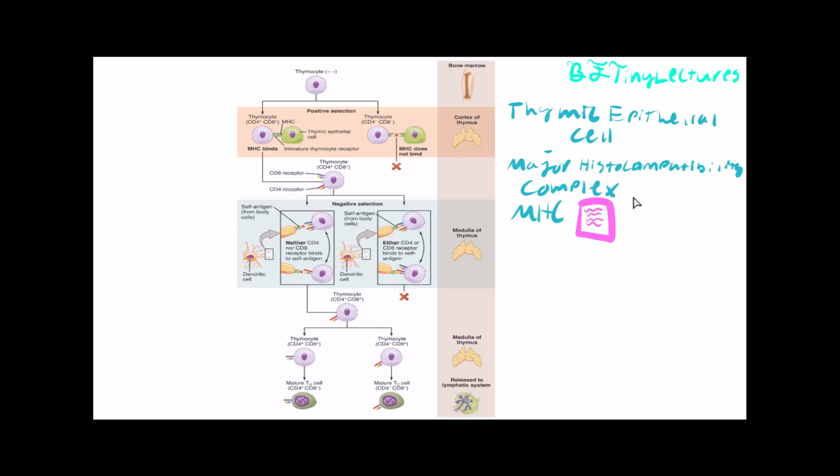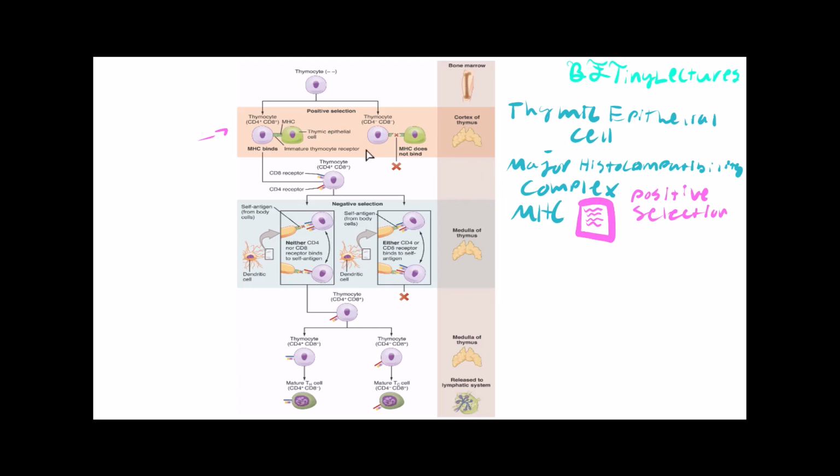We will undergo positive selection. We will select for thymocytes that are able to read the major histocompatibility complex. Can you read this piece of paper? Well, this guy right here, this thymocyte, he can read this piece of paper, and so he is allowed to stay in Thymus University.